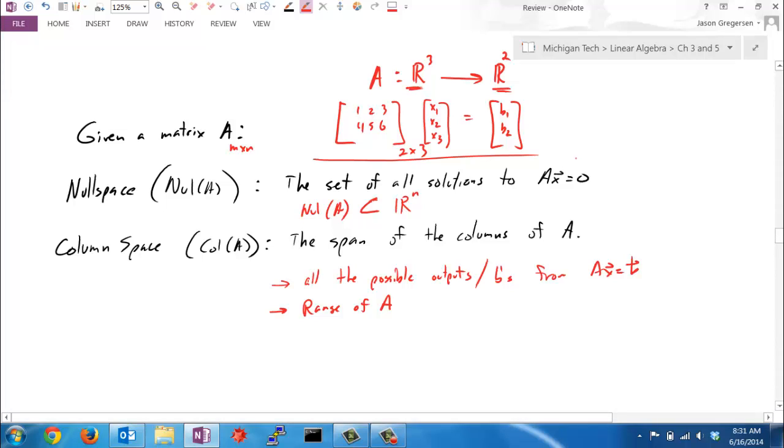So if you get confused, write out a 2 by 3 and see which one is M and which one is N. In this case, the null space is a subset of Rn, and the column space would be a subset of what? Rm. Any questions about those two? That relates to C and D from number 1, your true and false.